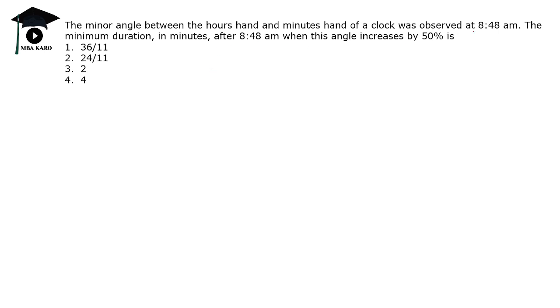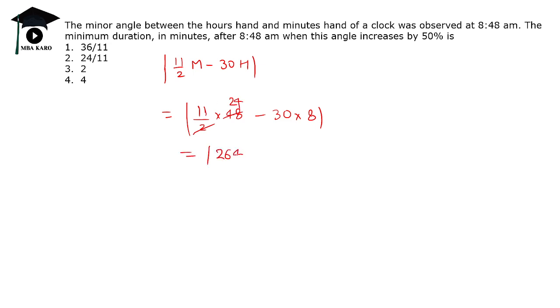The angle between the hands is given by the modulus of 11 by 2 m minus 30 h. Minutes is 48 and hours is 8. 24 into 11 is 264, minus 240. We get 24 degrees. So the angle is 24 degrees.